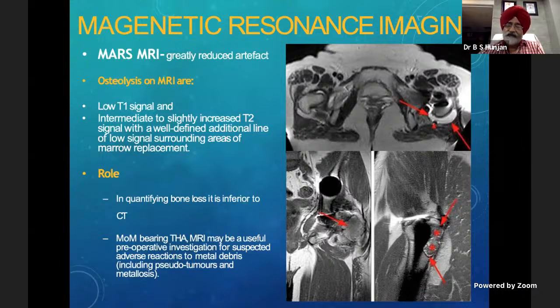So these are the areas where we can see it. But if you want to quantify the loss of bone, MRI is not a good tool; CT is a good tool to quantify the bone loss. And with metal-on-metal bearing THA, if it releases metal ions, then MRI is a good tool to see pseudotumor and metallosis.